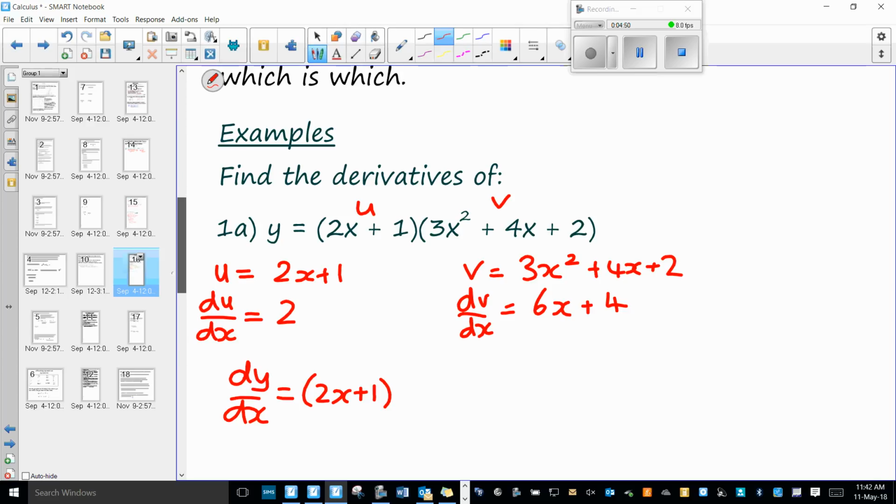So I'm going to put 6x plus 4 also in a bracket, but next to each other to show it's been multiplied. I'm then going to shove a big plus sign in between. I'm then going to write v, because that's what the next thing is. 3x squared plus 4x plus 2. And then I'm going to write 2. I'm going to write it in a bracket just to be consistent.